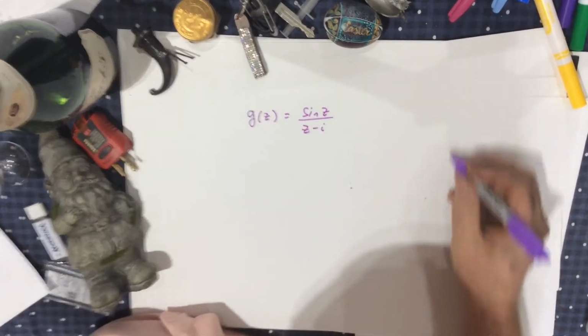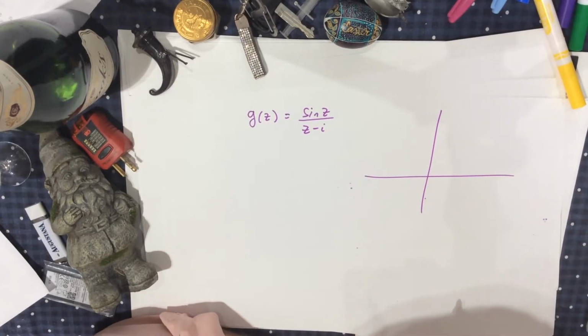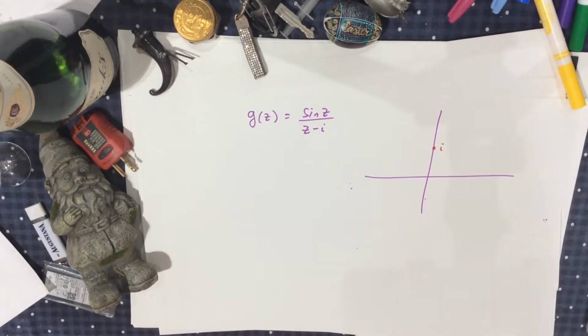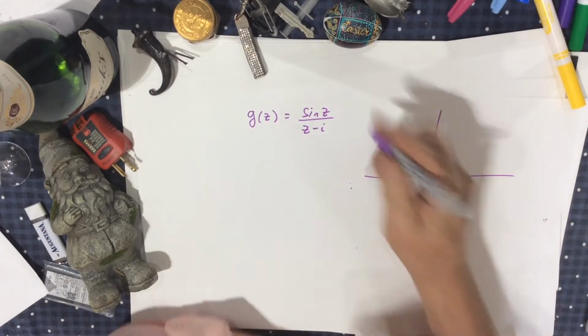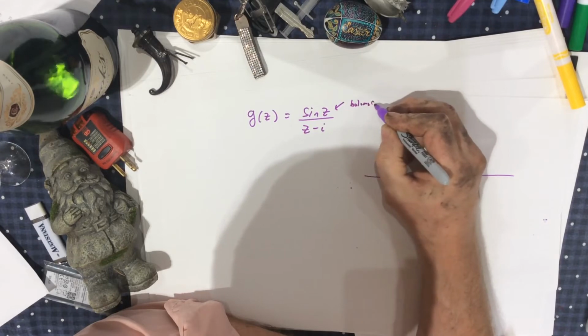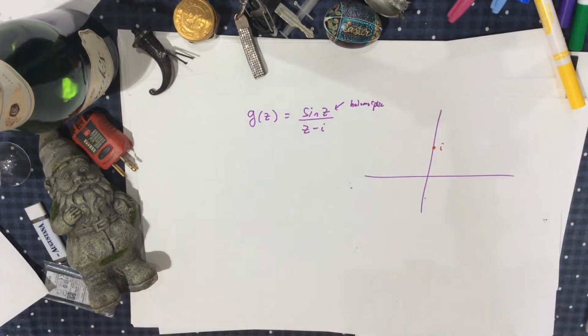Now, this function is very nice, except it is messed up at i. But the function sine of z is holomorphic everywhere. So this is a very nice function on top, so almost no matter which gamma I give you, something interesting is going to happen.